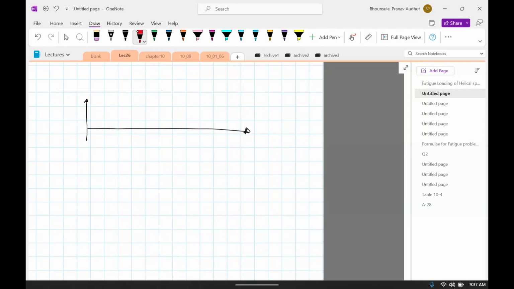He took both types of springs, unpeened as well as peened. And peened ones are always stronger because they have those shots plastered on them. Then he subjected the springs to cyclic load.